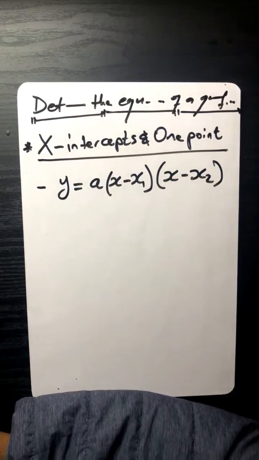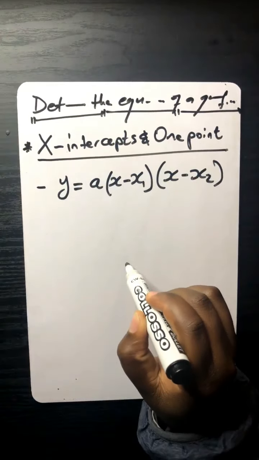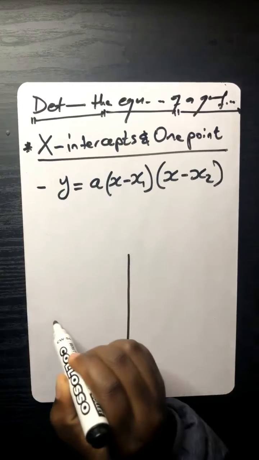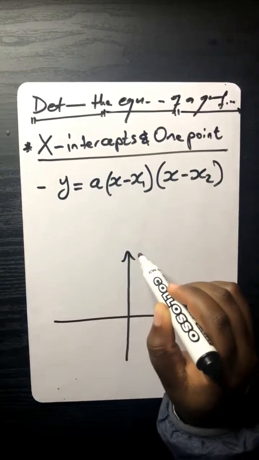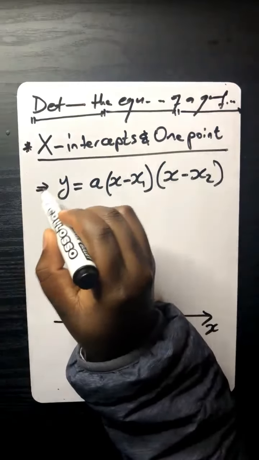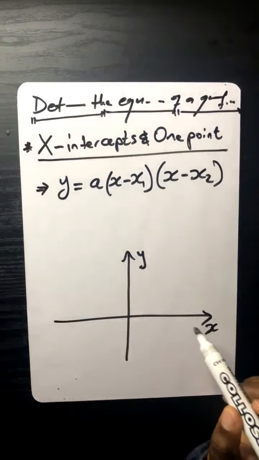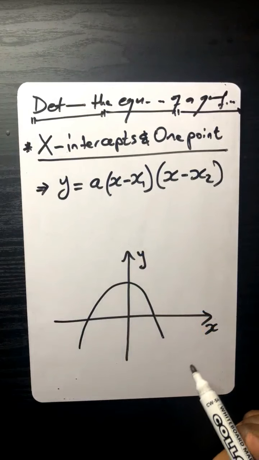For example, there's going to be a Cartesian plane where you've got the x-axis and the y-axis. In this case, let's say you've got a parabola, something similar to that.